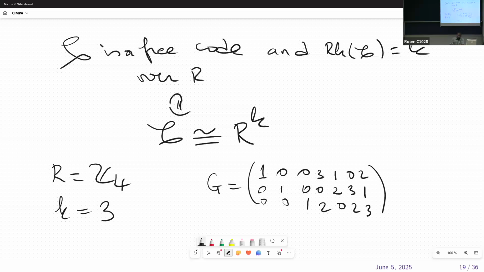Okay. The length of this code is 6 7 7 7. The length of this code is 7. We note that this is the identity matrix. K is free, identity matrix.